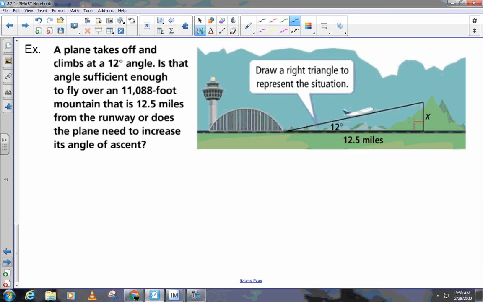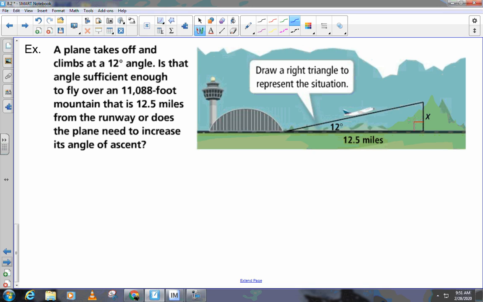A plane takes off and climbs at a 12-degree angle. Is that angle sufficient enough to fly over an 11,088-foot mountain that is 12.5 miles away from the runway? Or does the plane need to increase its angle of ascent? Okay, so what happens is at the airport you have this airplane, and it takes off at a particular angle. It says it's 12 degrees, right?